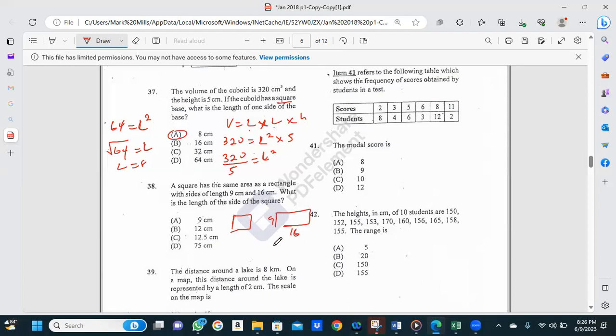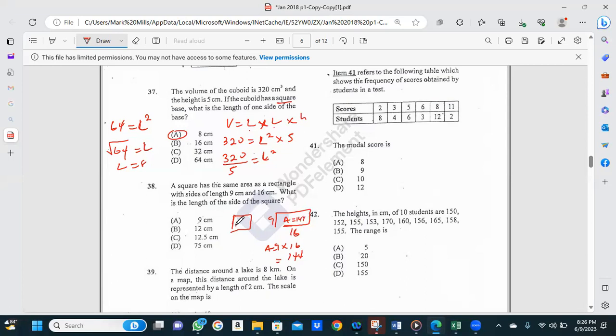So we are going to multiply 9 times 16. We want to find the area first. What is 9 times 16? We get 144. So the area here is 144.